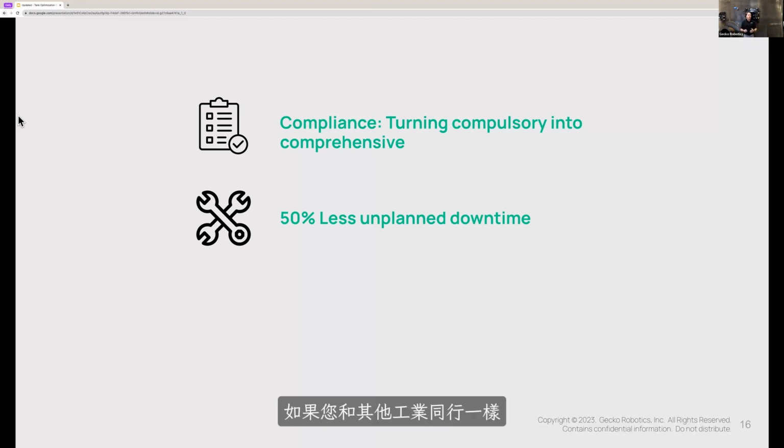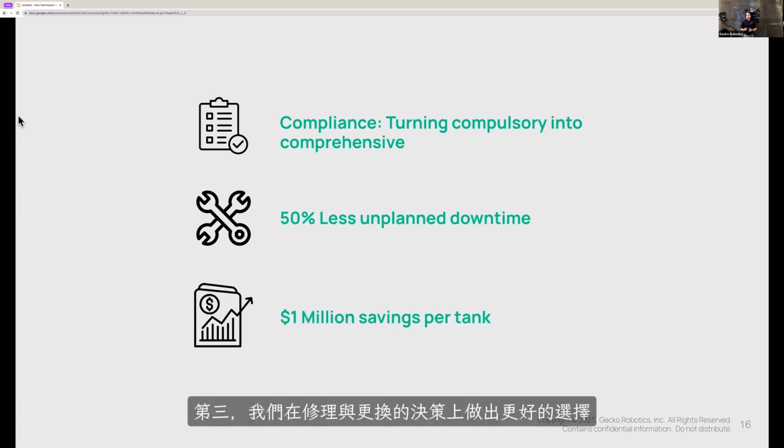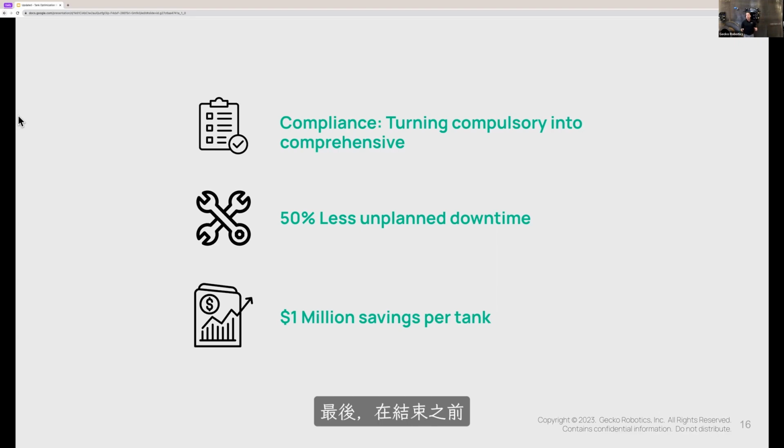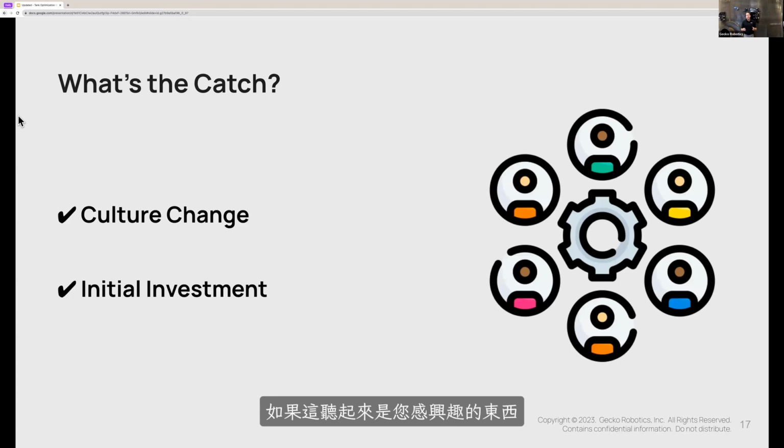And if you're anything like your industrial peers, that means that you can expect a 50% reduction in the amount of reactive maintenance across your tank farms. Third is we make better CapEx decisions on when to repair versus replace, and that's a savings of at least $1 million per tank.